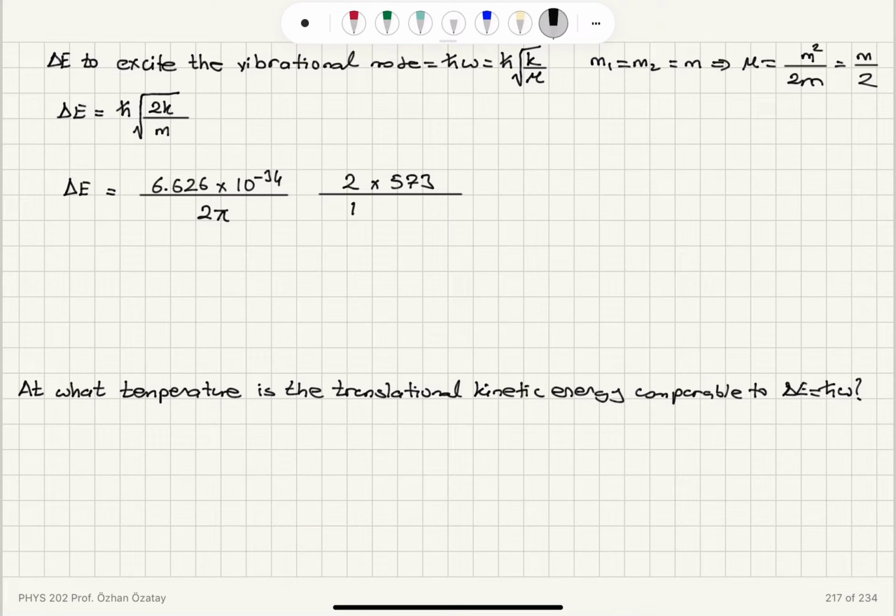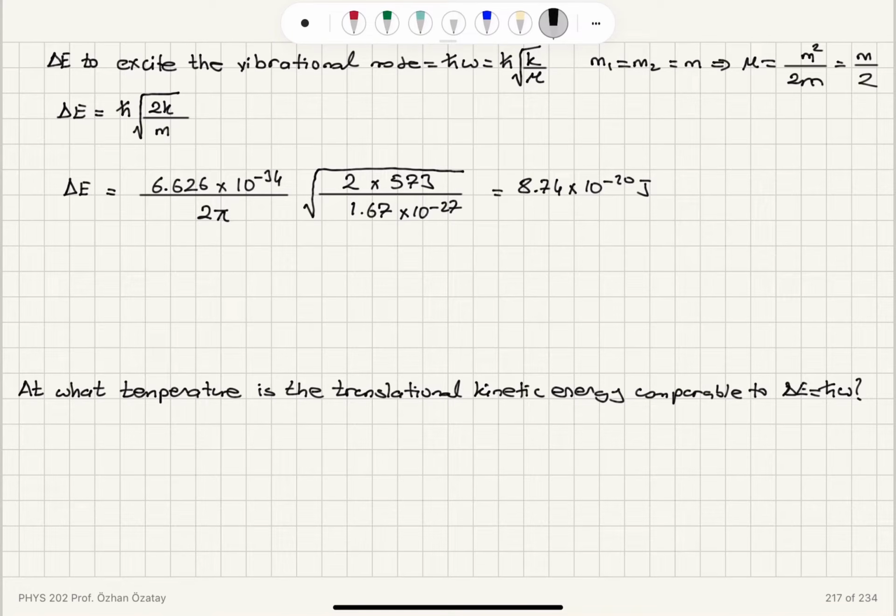The mass of hydrogen, 1.67 times 10 to minus 27 kilograms, that's the mass of a proton. And then I take the square root. That gives 8.74 times 10 to minus 20 joules.